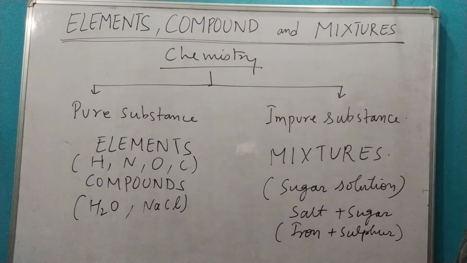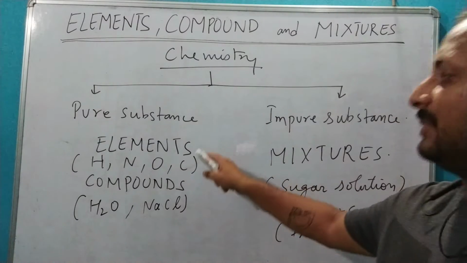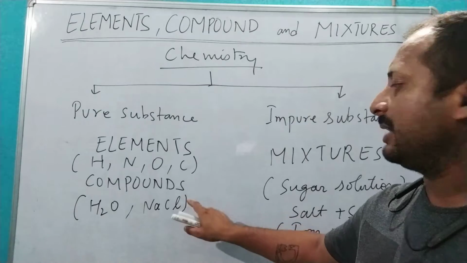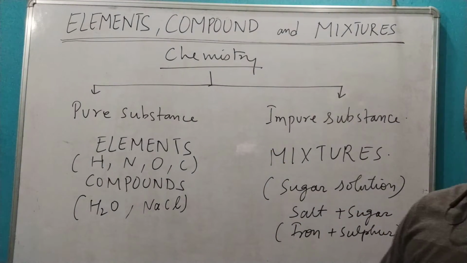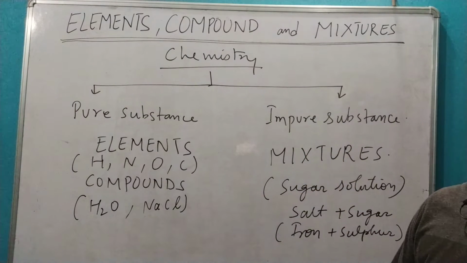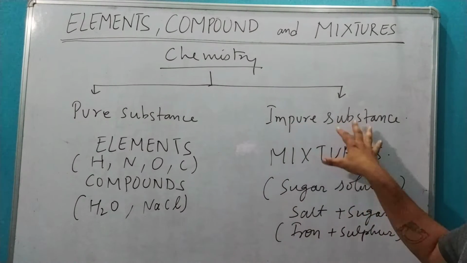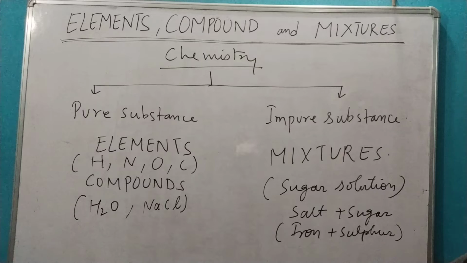So this is first of all an example we have brought here. So elements have symbols, compounds have molecular formula or chemical formula. Mixtures do not have any of those representations. It's just a mixture, it is an impure substance.